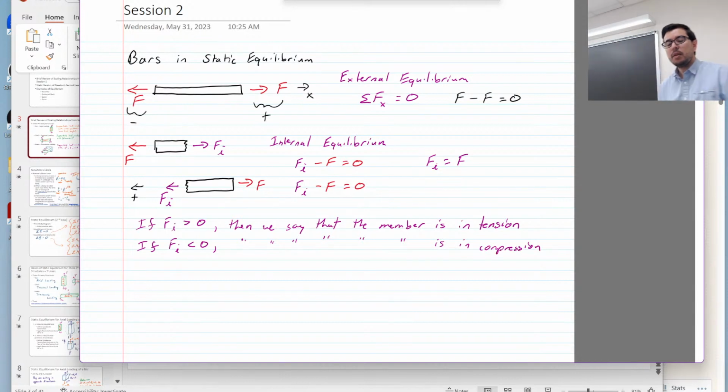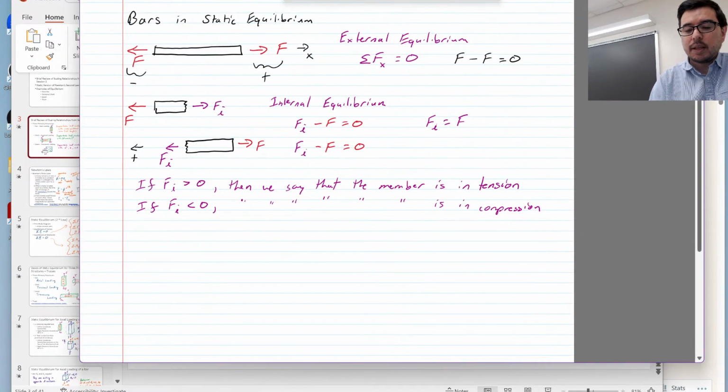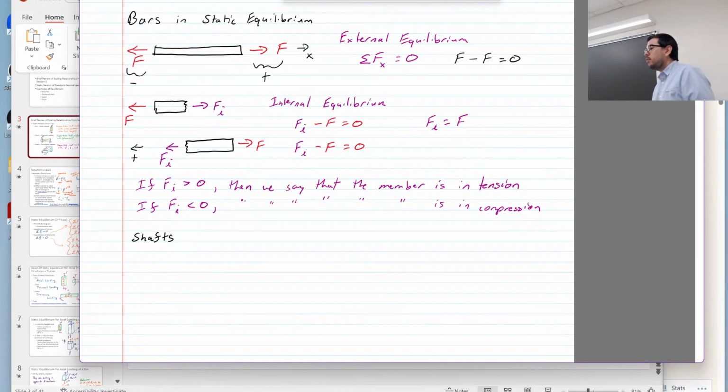Okay, so you're like, this is super simple. Super simple. Let's look at shafts quickly. Now, a shaft is really a bar, but we use that term shaft because it's transferring some type of torque.